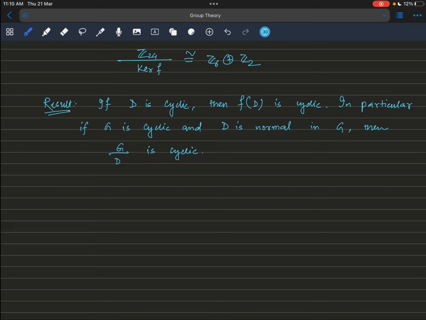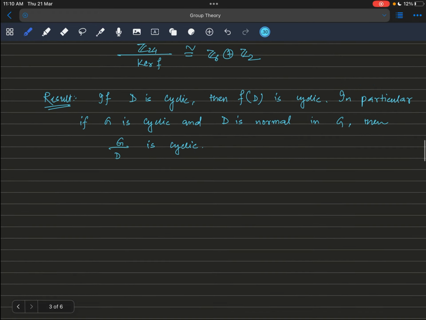So basically, if f is a homomorphism and D is a cyclic group, we know that the homomorphic image of a cyclic group is cyclic, and in particular if G is cyclic and D is normal in G, then the quotient group G by D is cyclic. So we'll use this result here.